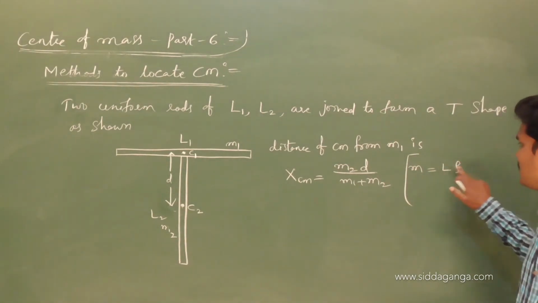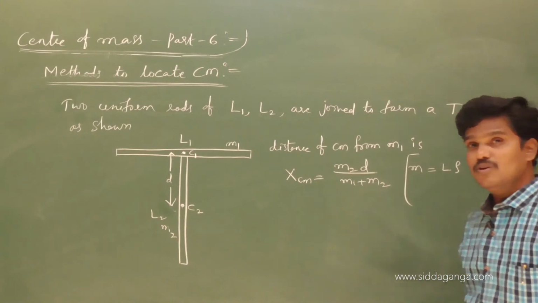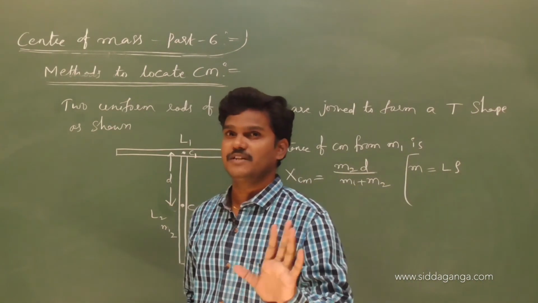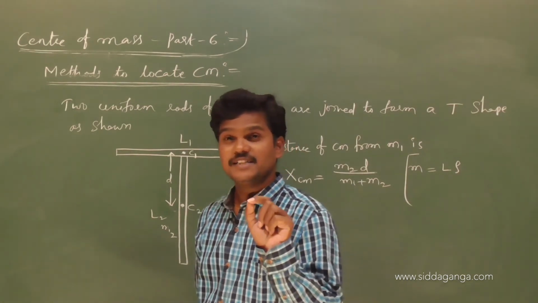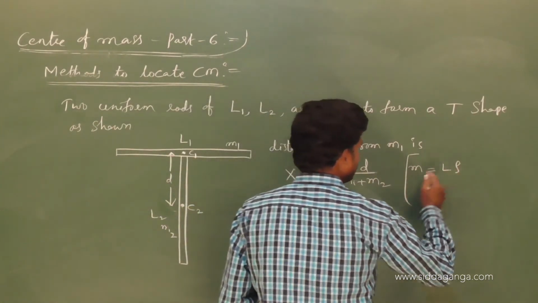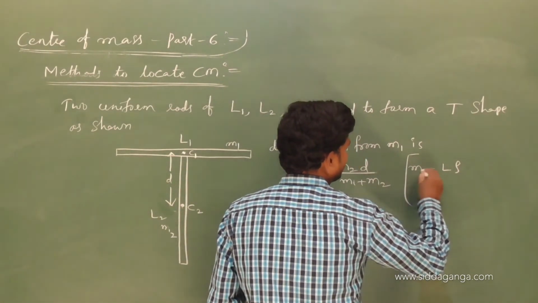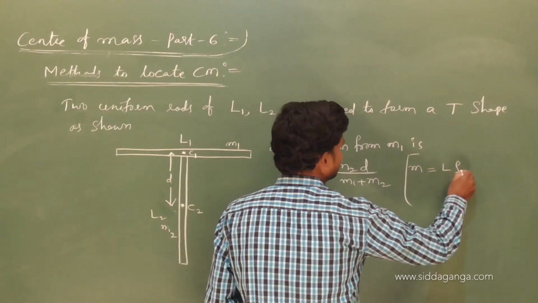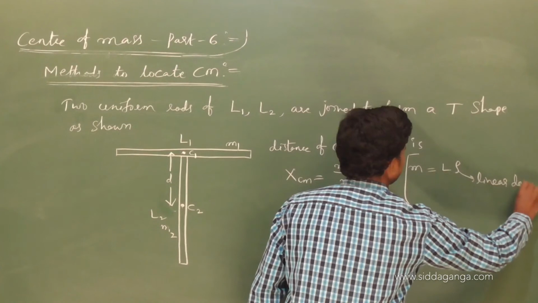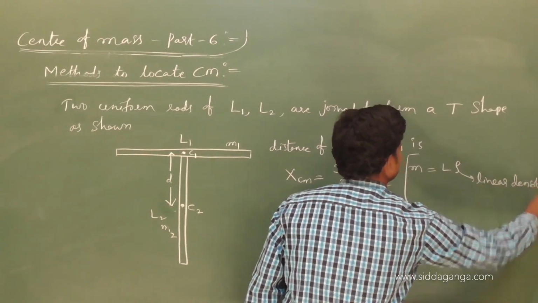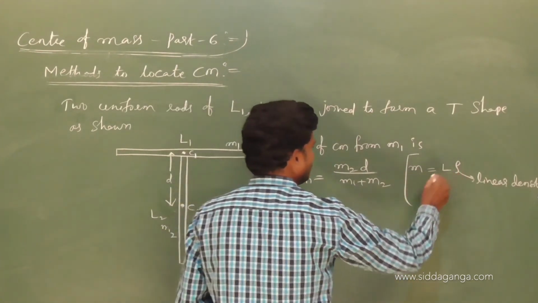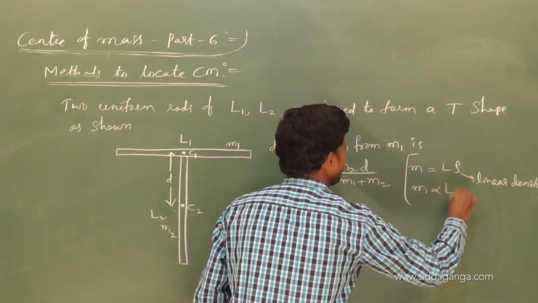So length cancels, and mass and mass are equal. Okay, don't think it is volume density. It is a linear density, otherwise called linear mass. So mass varies with respect to L rho, and the linear density is constant, so mass is proportional to L.